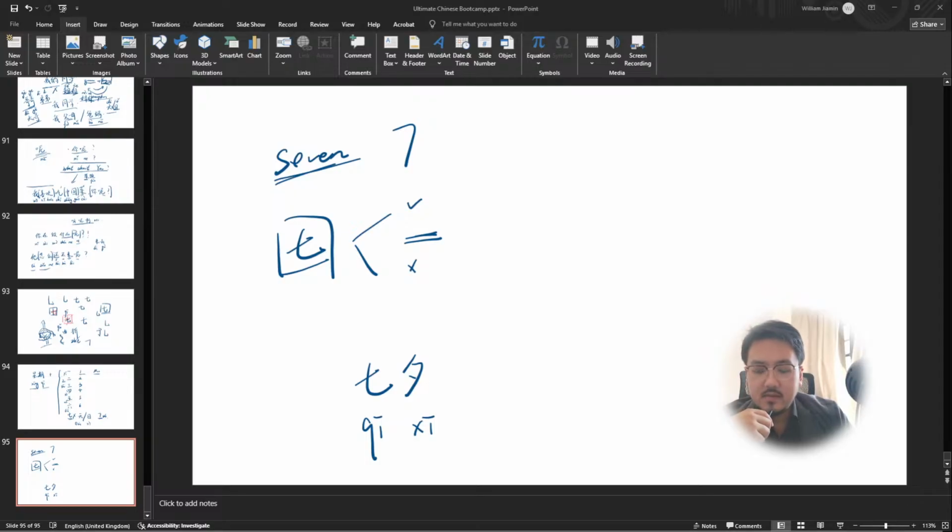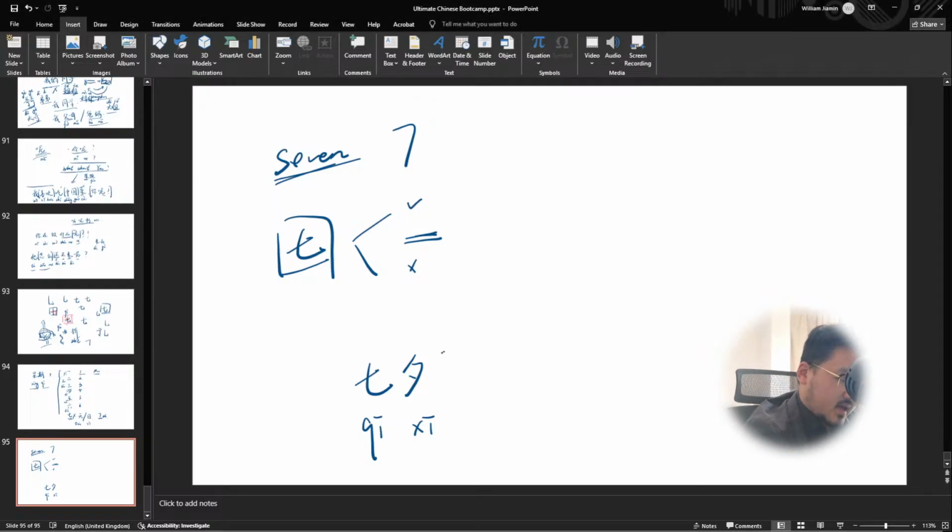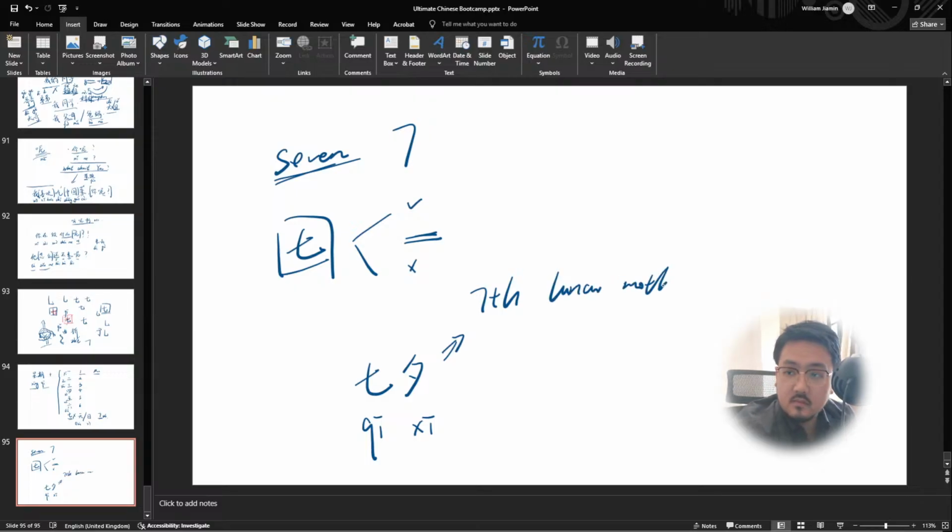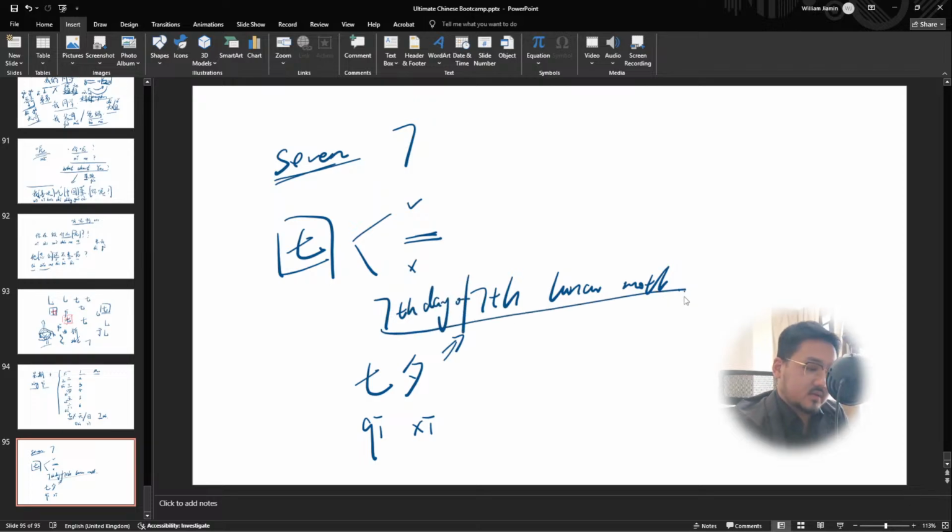So yeah, 七夕 is like the seventh day of the lunar month. The seventh day of the seventh lunar month. So basically, it's like 7 and 7. So that's called 七夕. It's kind of based on a romantic legend of 牛郎织女.